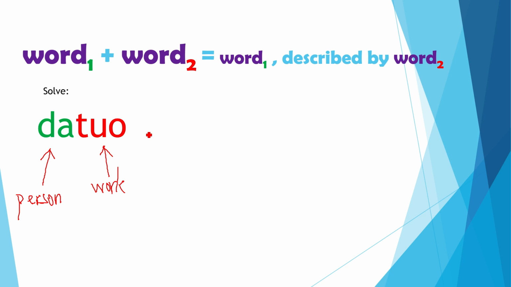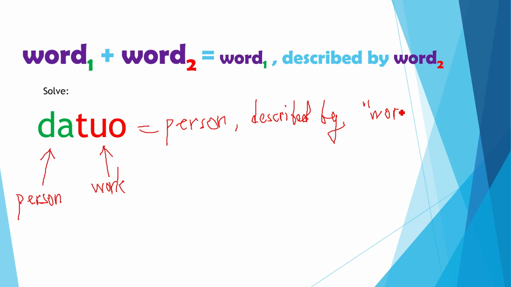So da tuo equals person described by work. Let's write working, because work is the adjective here.